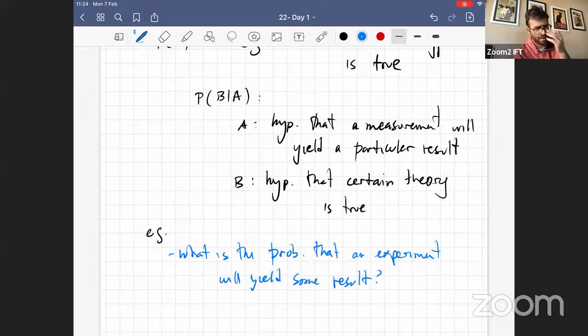I'm talking about data here, I'm talking about observables here. Is this answered with a frequentist approach to probability, or with the Bayesian interpretation of probability? What do you think?